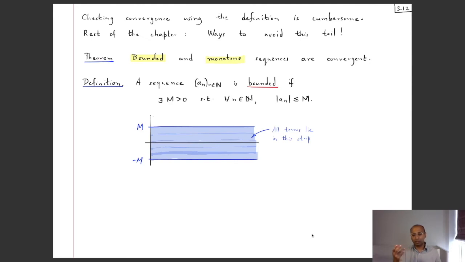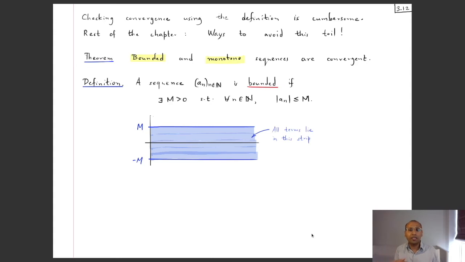But of course there's a more important aim also, namely that sequences may not be explicit, but you may know some properties of it, and then we nevertheless want to deduce that the sequence is convergent, because this kind of thing is, for example, used in existence theorems in analysis and so on.